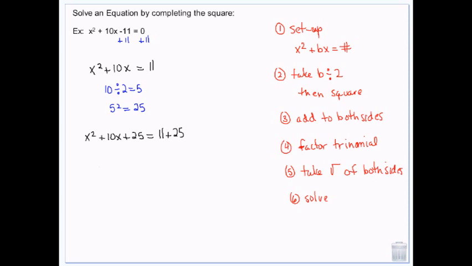So then I'm going to factor it. This will be factored to x plus 5 squared, and that's 36. I will take the square root of both sides. So I get x plus 5 is equal to plus or minus 6.